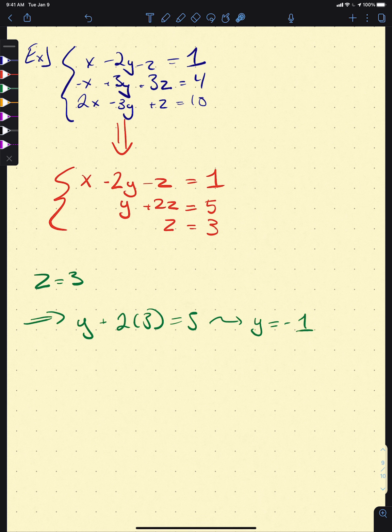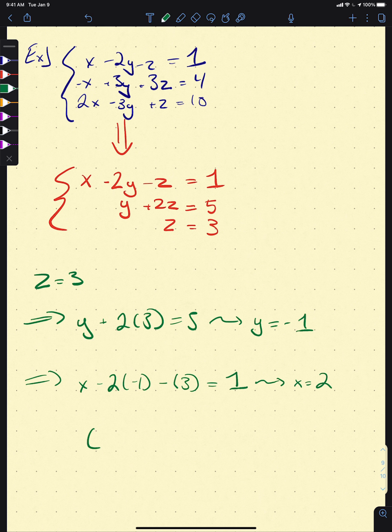Now that we have a value for z and y, we can plug both of those into our first equation and read out our value for x. So we get that x minus 2 times minus 1 minus 3 equals 1. When I rearrange this, we get that x equals 2.